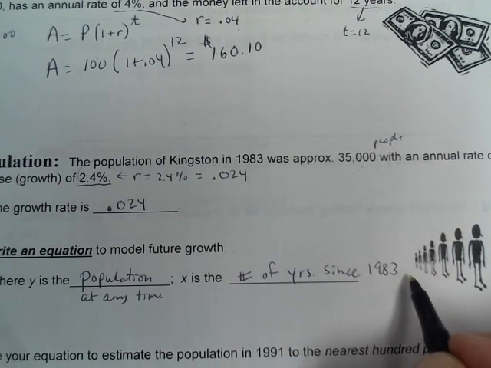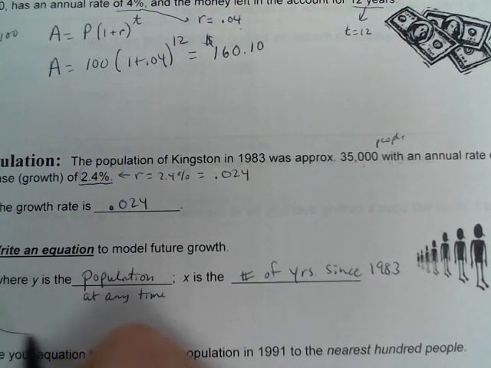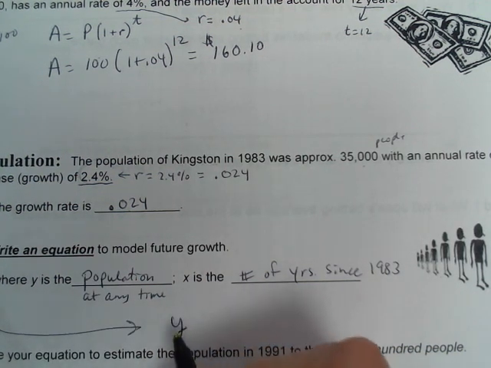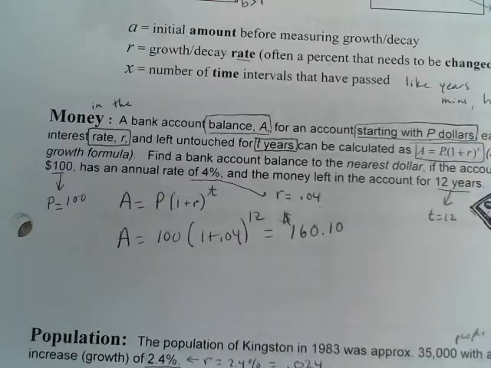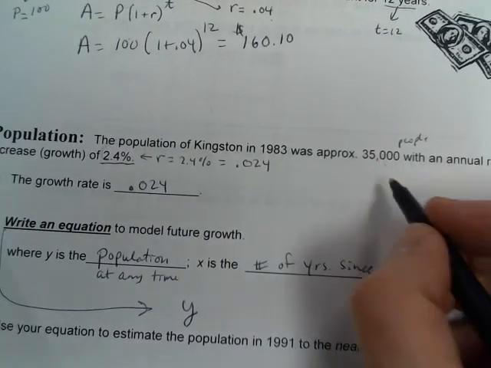So the equation will be, instead of Y equals, this is exponential growth, A times 1 plus R to the X. Well, A is the initial population.